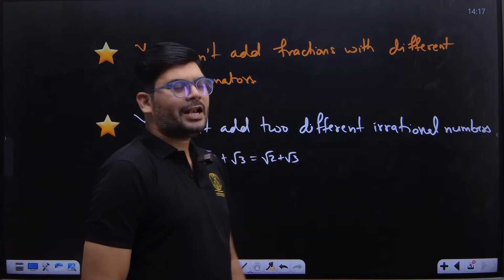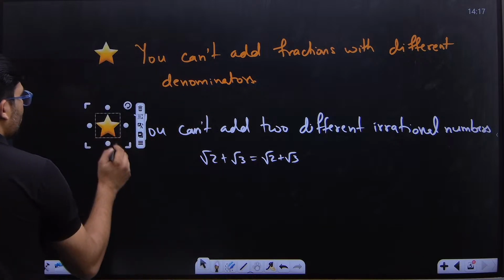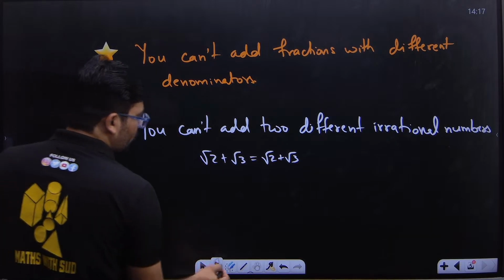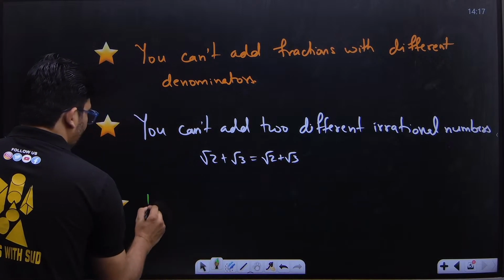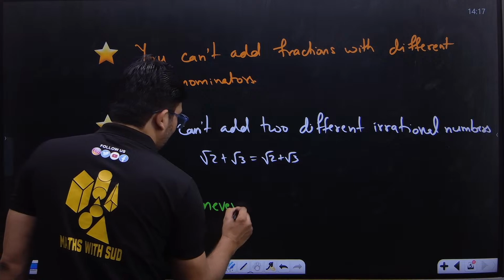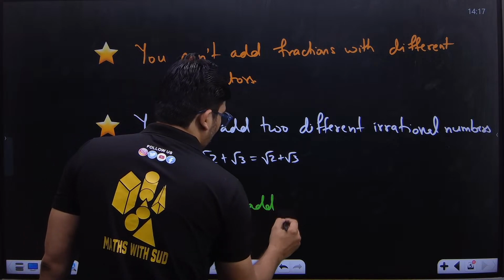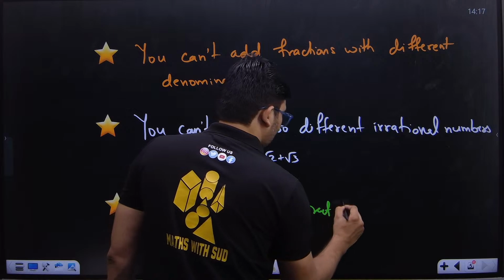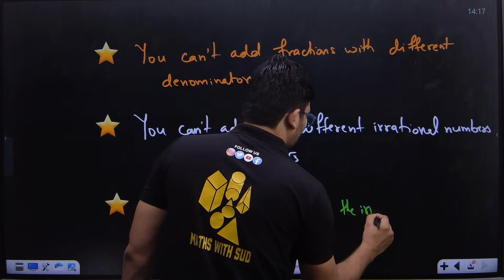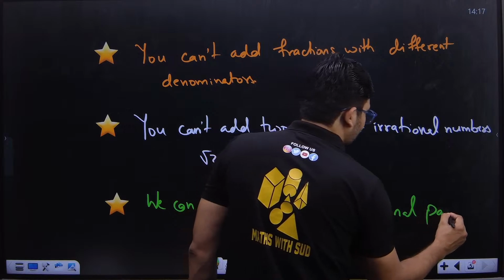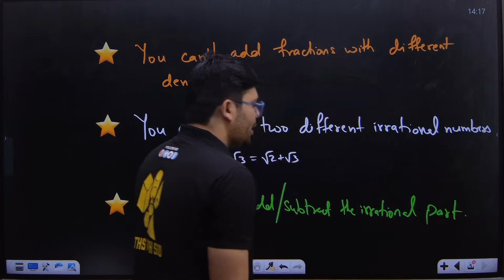But what about if the irrational numbers are the same? Then also you can't add the irrational part. So we will write one more point. We can never add or subtract the irrational part of any number.